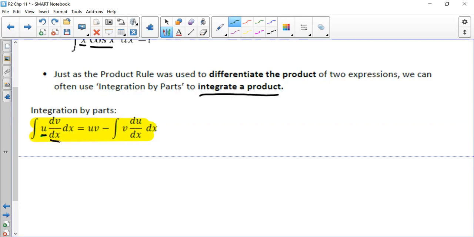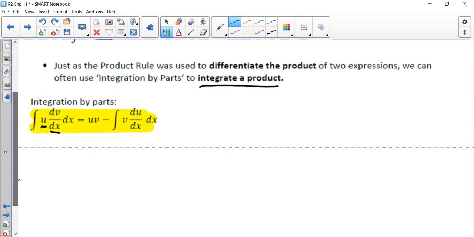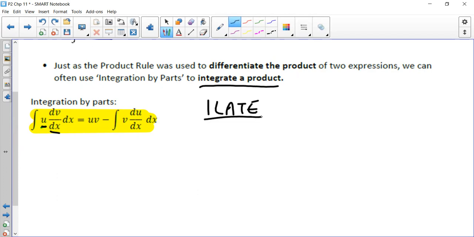Before we do that, write down the rule called ILATE.